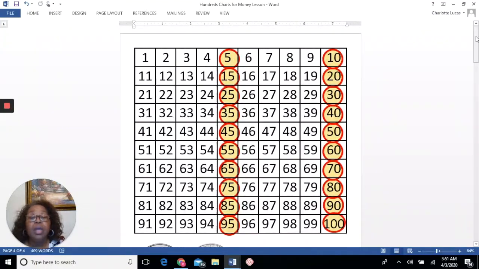If we use our hundreds chart, you can see the pattern that comes about. 5, we skip all of those numbers and we just go straight to 5. And every time we hit 5, we say the next number, then we are skip counting.